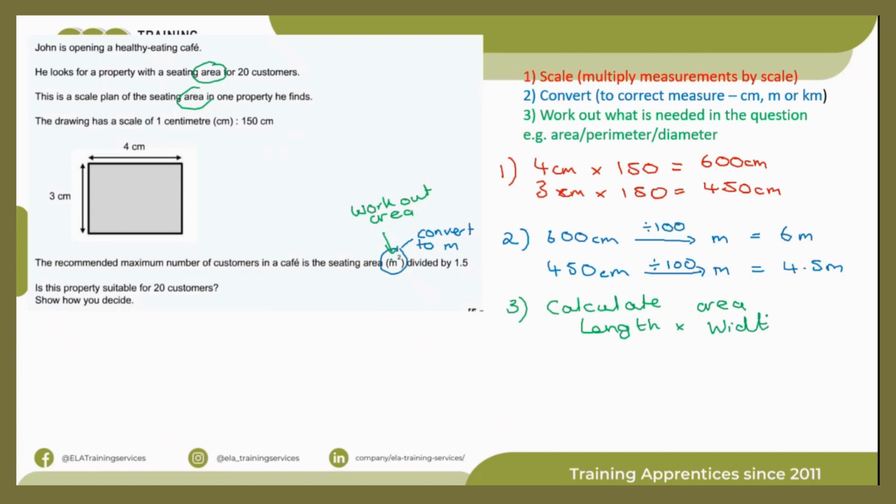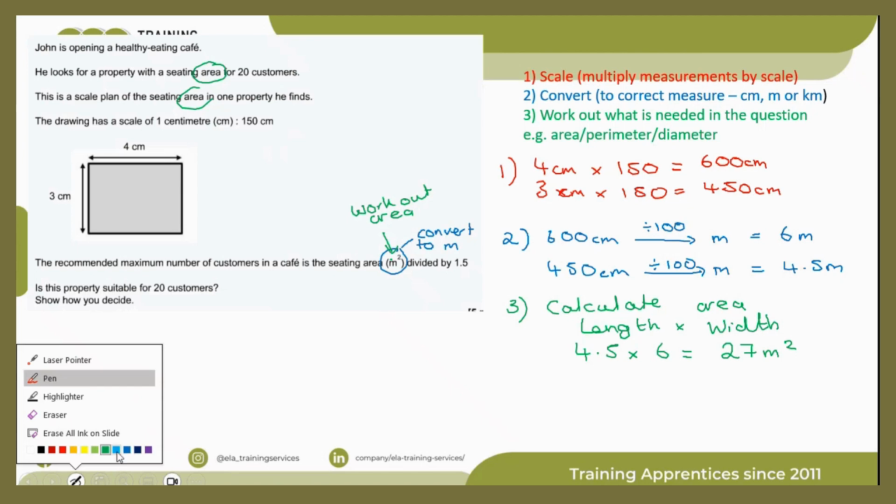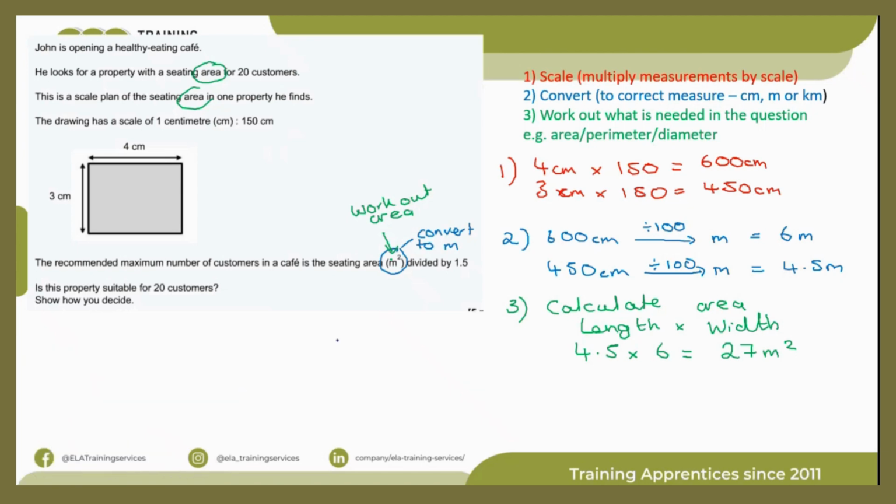Now our units are no longer 4 and 3, we've just calculated them to be 6 and 4.5. So we're going to do 4.5 times 6, which is then 27 metres squared, and that is our area. But that is not the end of the question, so I'm going to now add in a last step.